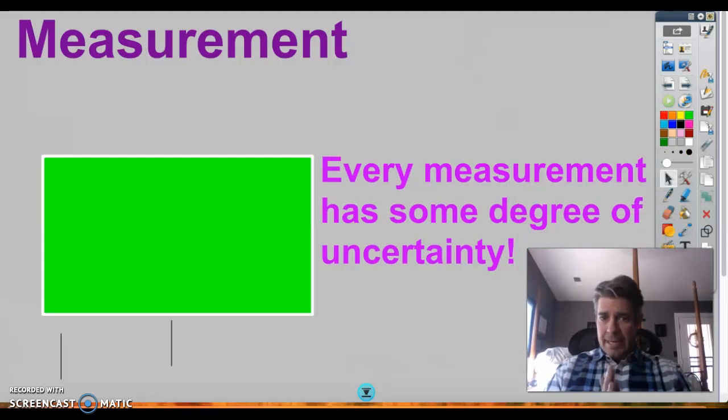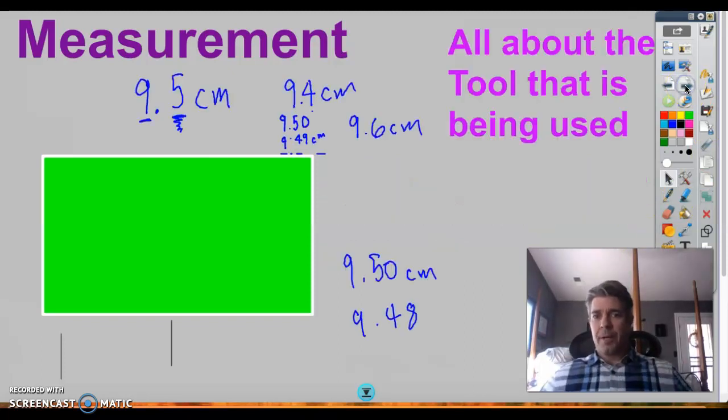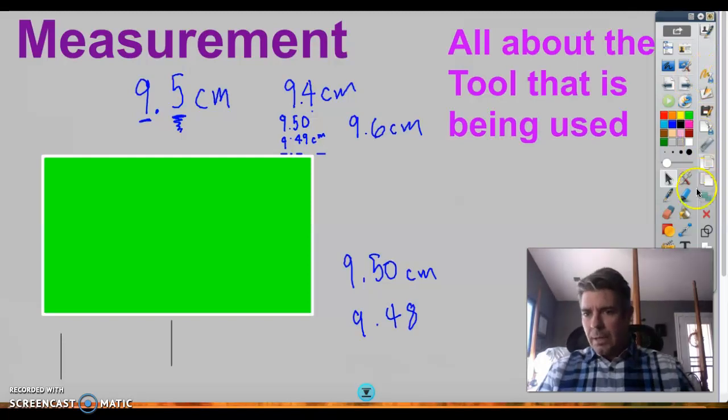Every measurement that you take has some degree of uncertainty. It means there's some unknown. And as a scientist, it is every scientist's job to make this as small as possible. But you still have to estimate one digit. You always estimate one number.